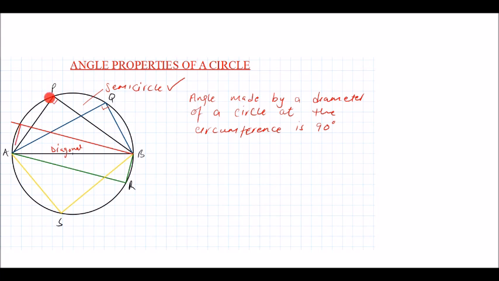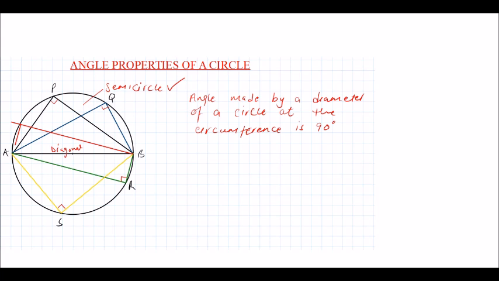Are we together? So the angles P and Q are subtended by a diameter at the circumference of the circle. They are equal to 90. The same case on the other side, angle R here, angle S, they are equal to 90. So that is a property that you should always remember.